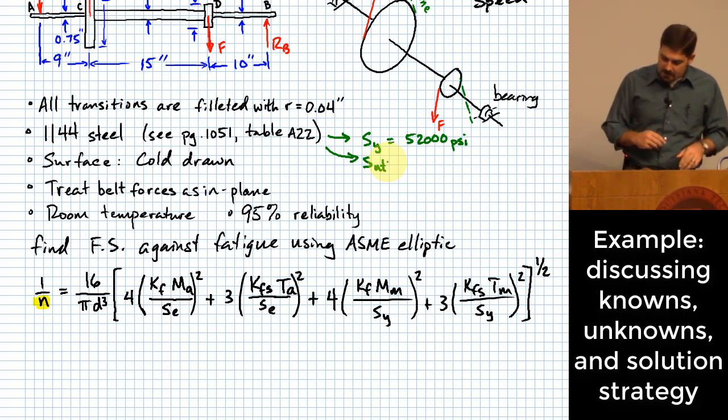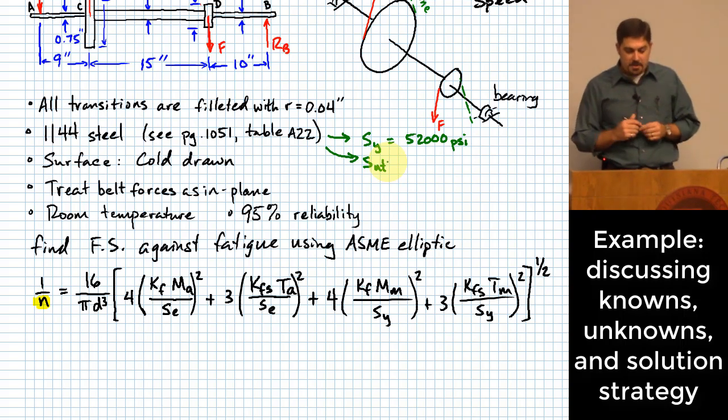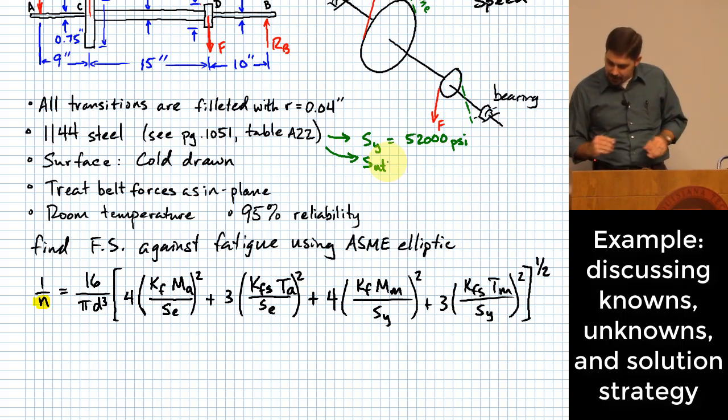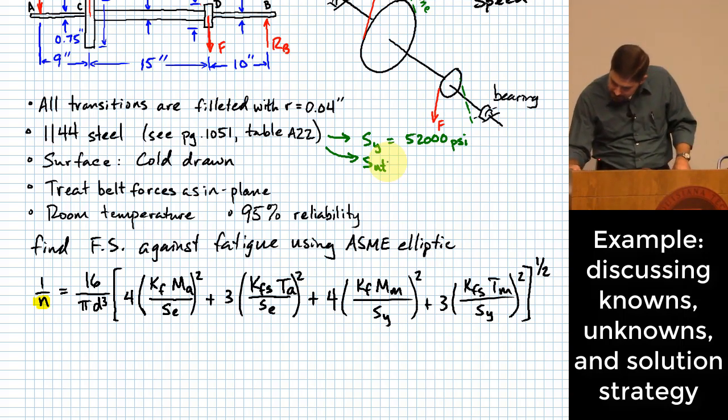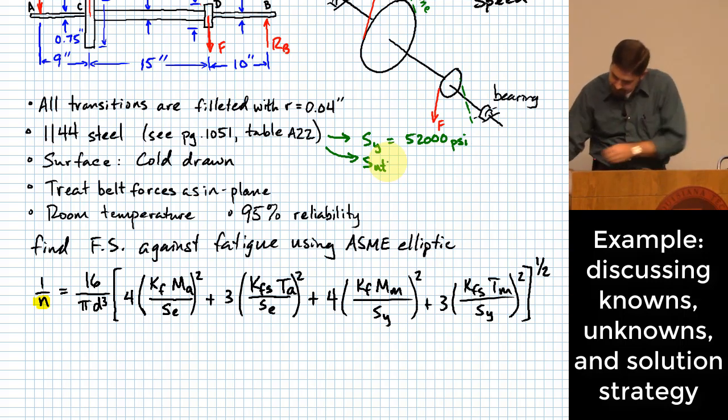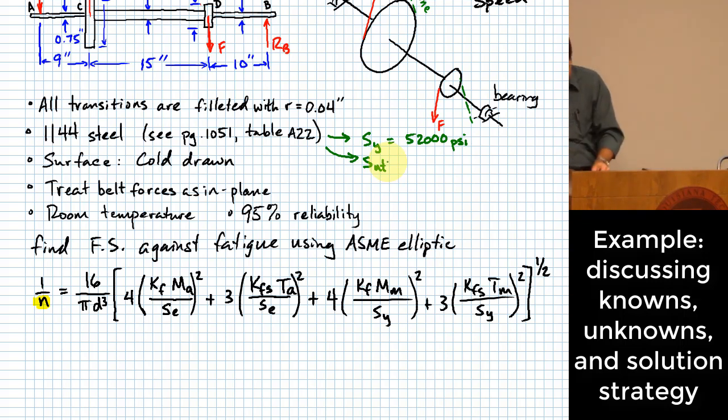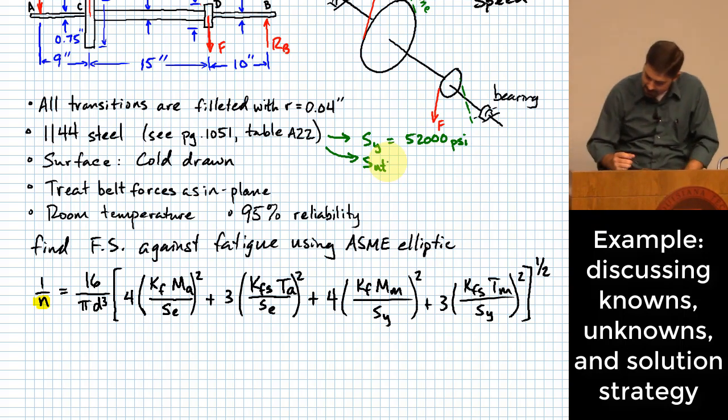With that whole process, we usually start with S sub UT, the ultimate tensile strength. I'll go ahead and give us that as well. Kind of jumping ahead a little bit, so I've got to find it. 93.7 KSI.